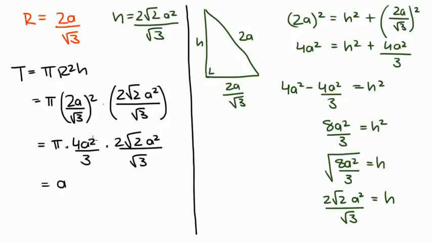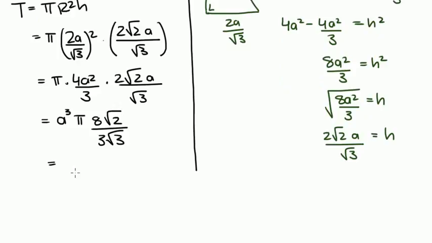So when we simplify, a squared multiplied by a, we're going to get a cubed. Pi. 4 by 2 is going to give us 8. Square root of 2, all over 3 times the square root of 3. When we put 8 times the square root of 2 over 3 times the square root of 3, it's going to simplify to give us exactly what they've asked us for, which is 8 times the square root of 6 over 9.